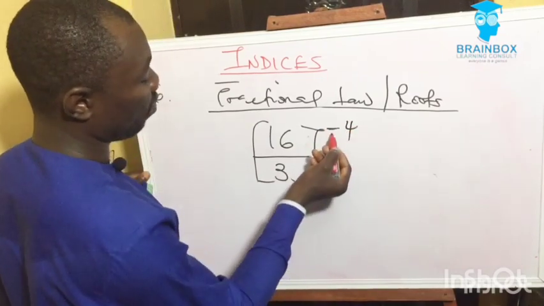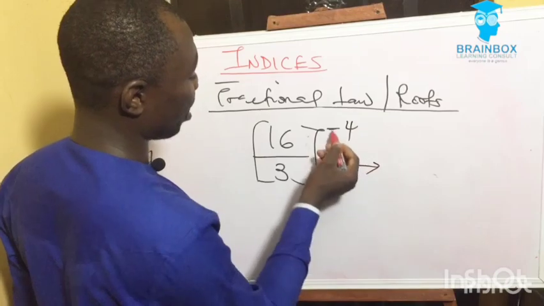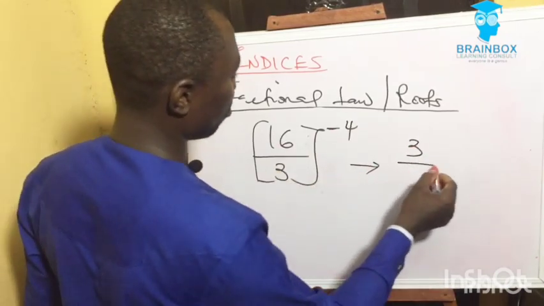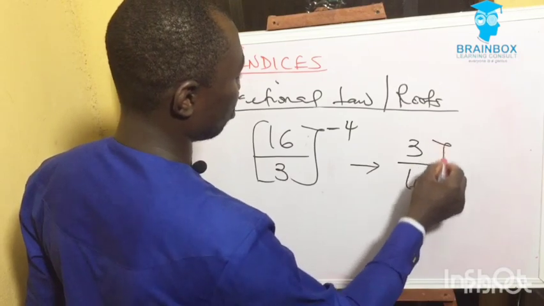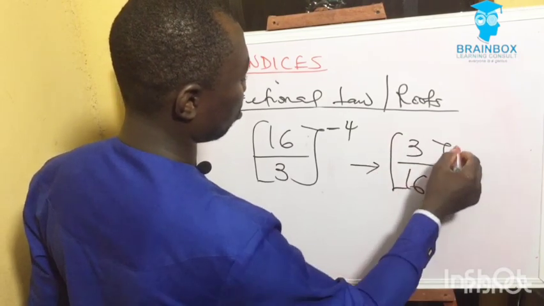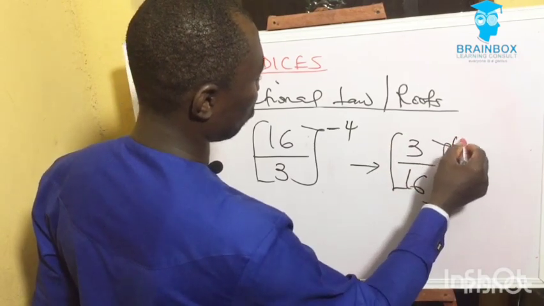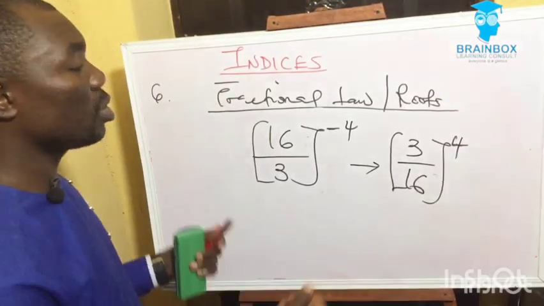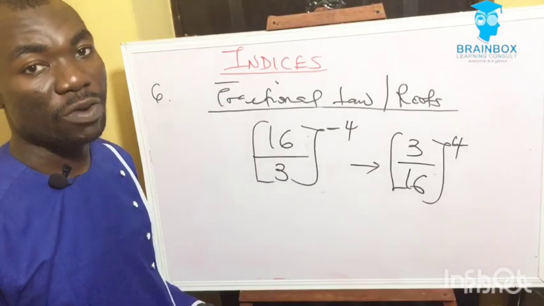I said to remove this negative sign, we can just interchange this. It becomes 3 over 16 raised to the power of 4. Right? So all these are laws of indices.